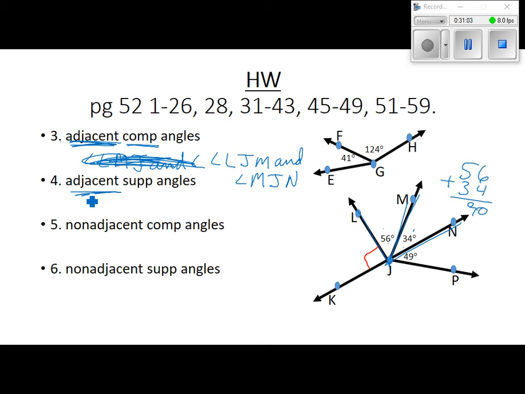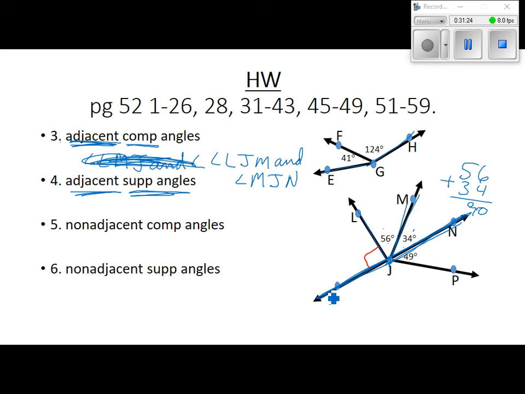Now we want adjacent and supplementary. So they share a side and they add up to 180. Well, if I look at this picture, we don't even have 180 degrees in that picture, so that's not going to work. We look at this one, we got a straight angle right there. Angle KJN is a straight angle. Well, there's several different ones we could name here.